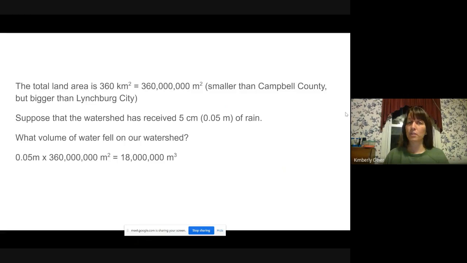And again, remember, this is not an unusual rainstorm. It's like a solid rainy day. How much water has hit all of the places in our watershed? And what happens?